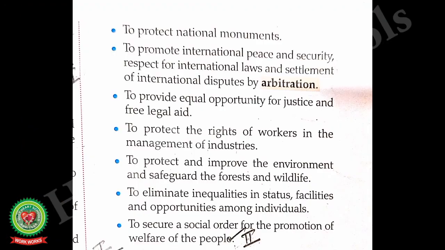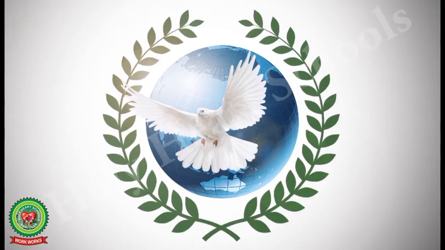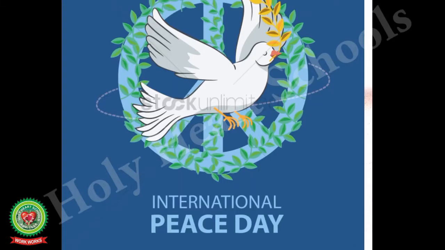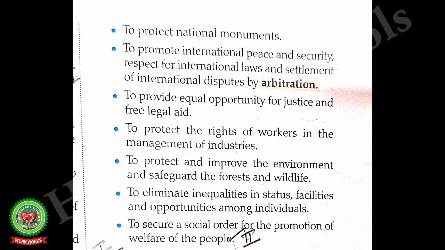And Article 51 lays down that the state shall endeavor to promote international peace and security, to maintain just and honorable relations between nations, to foster respect for international law and treaty obligation in the dealing of organized people with one another, and encourage settlement of the international disputes by arbitration.